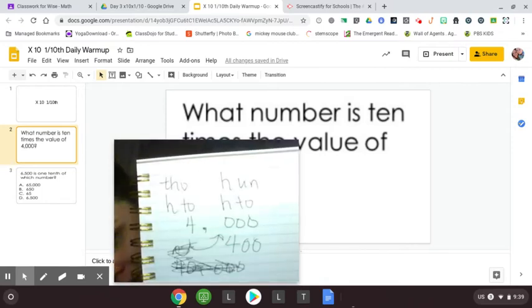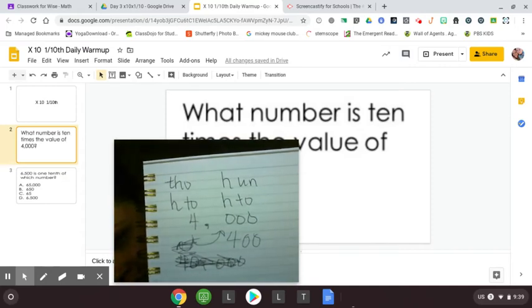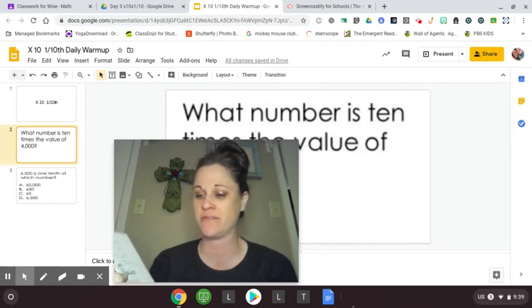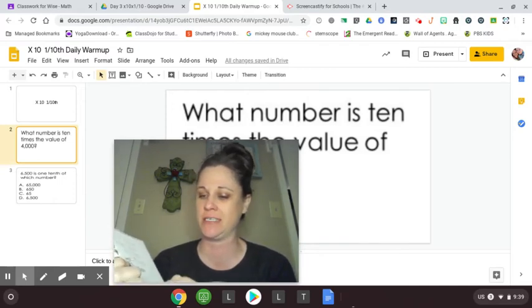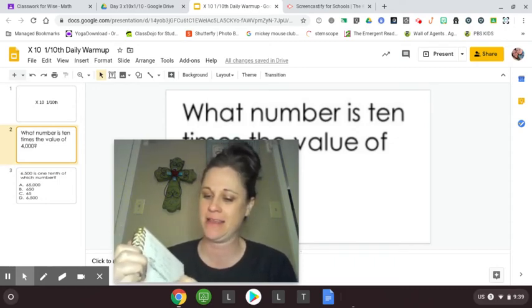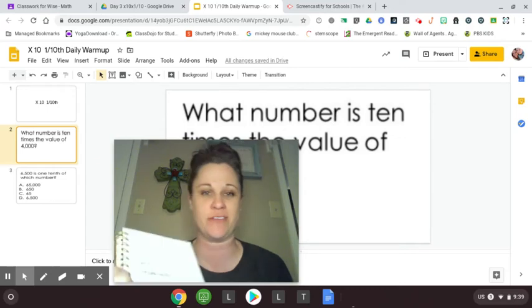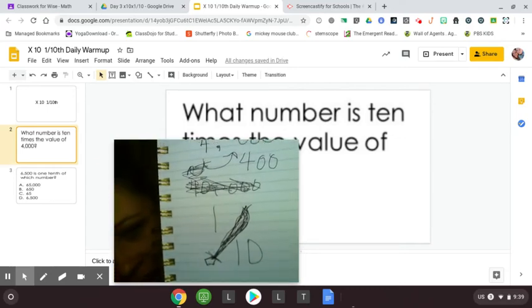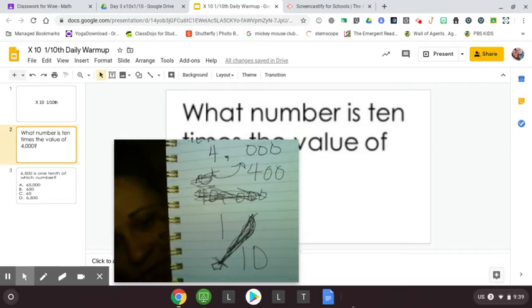Remember, I told you that when we did a tenth, oh, my drawing is very bad today, but you get the idea. This is very messy. I know I can draw better than this, but oh well. It's a tenth of, and it's like we chop one of the place values off.